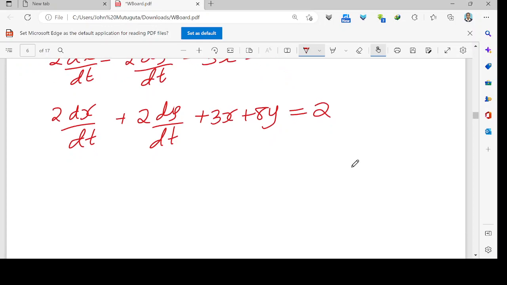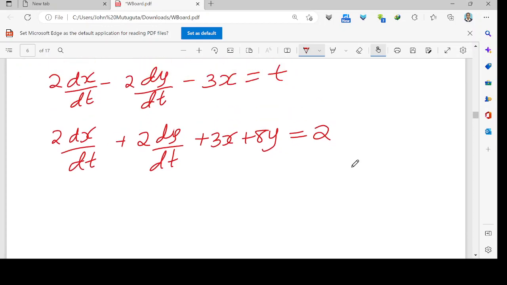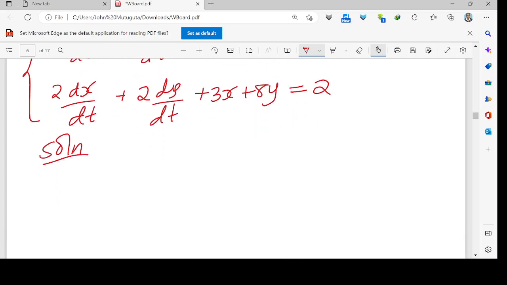So we can use the same method. We write the system in operator form. The first equation becomes 2 dx minus 2 dy minus 3x is equal to t.